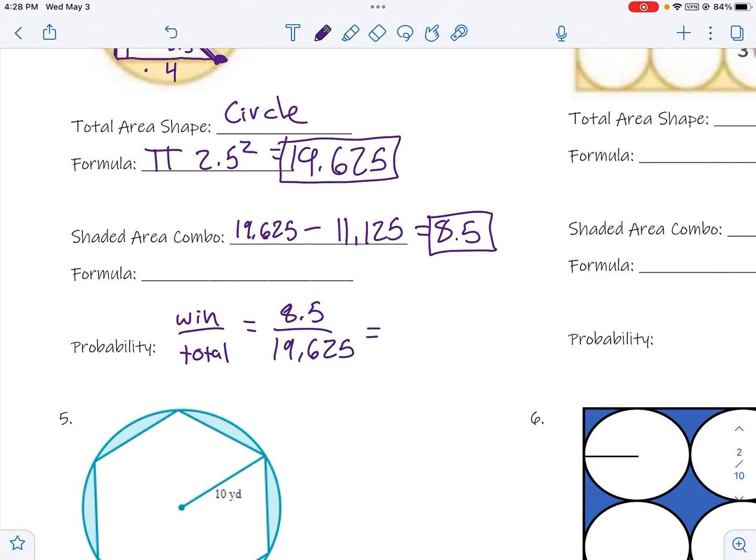If I divide those, I get 43.3%. I've already moved the decimal on my calculator twice to the right, but this is somewhere around 43.3%.